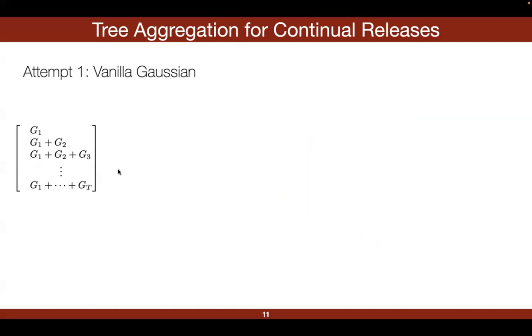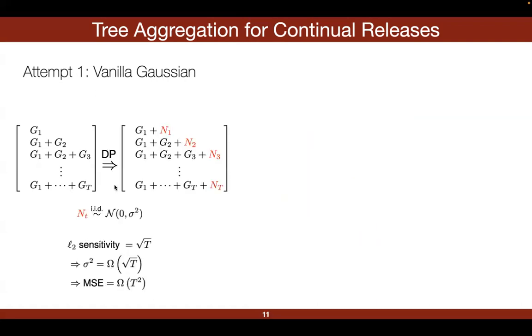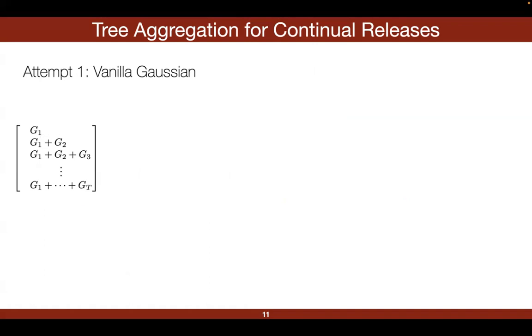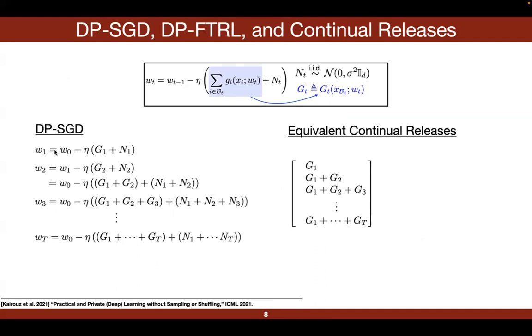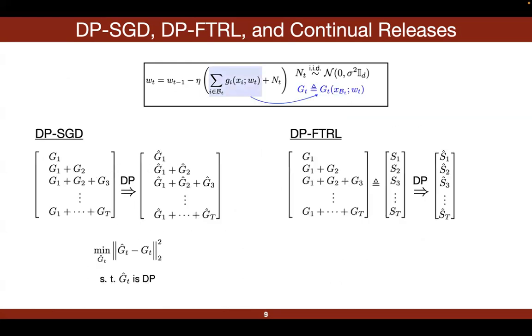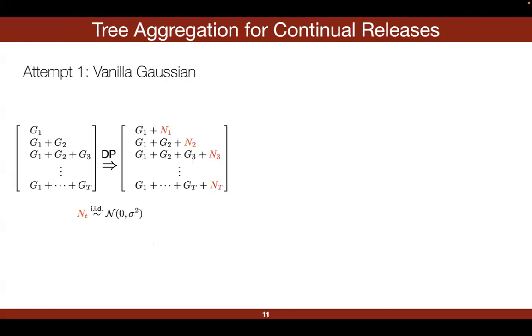If we go back to the SGD setting, when you try to compute all of these model weights, it's equivalent to releasing G1, G2, and G1 plus G2, all of this stuff, right? I guess what you are saying is, if we only have access to G1 plus N1, then why do we need this step?